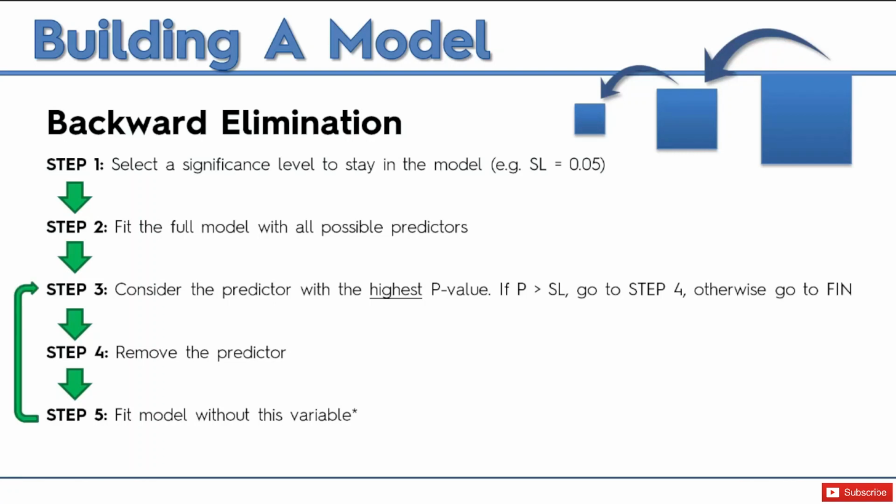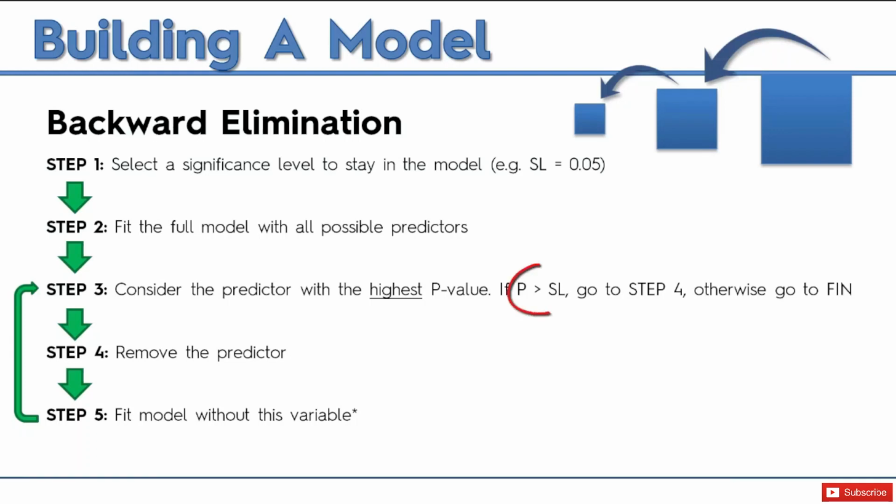Once again, you look for the variable with the highest p-value in your new model. You take it out, so basically step four, you remove it, you fit the model again with one less variable and so on. You keep doing that until you come to a point where even the variable with the highest p-value has a p-value that is still less than your significance level.